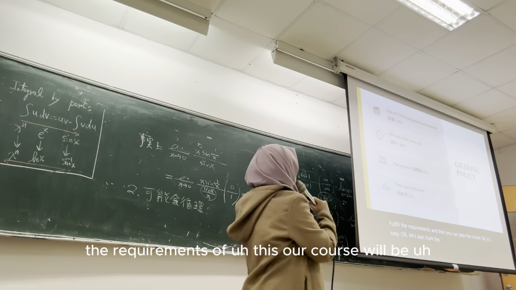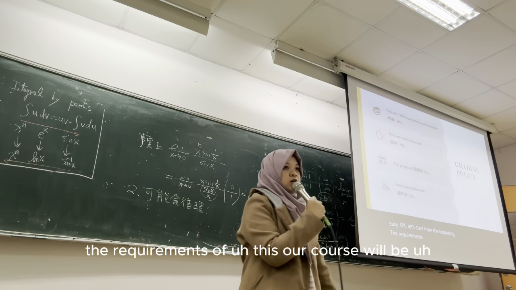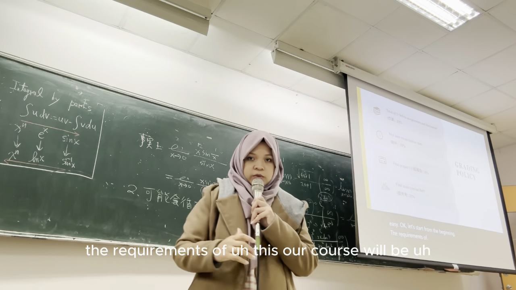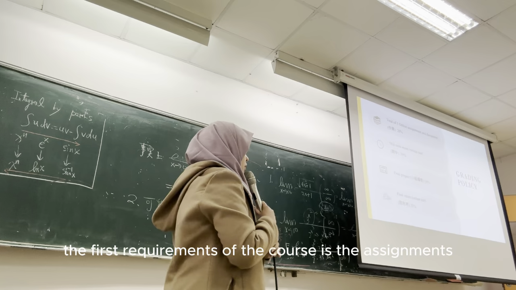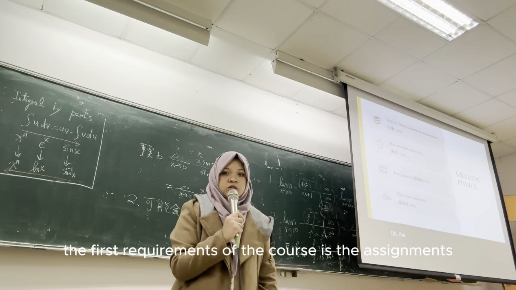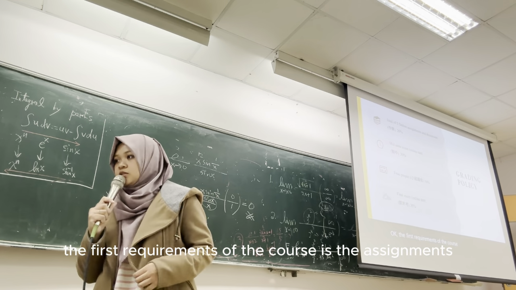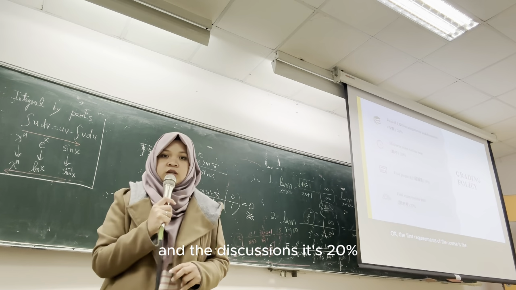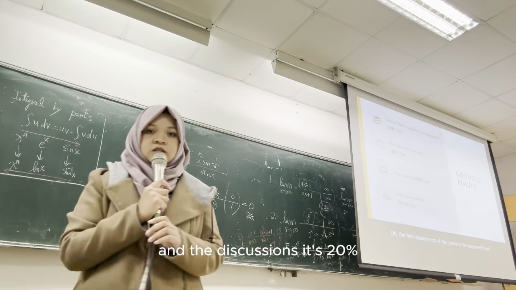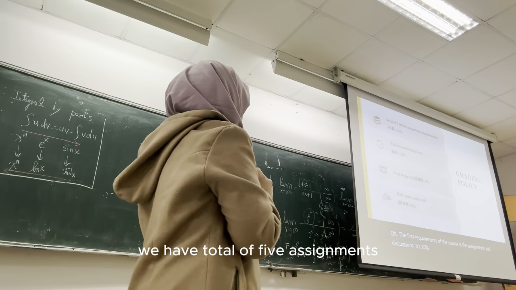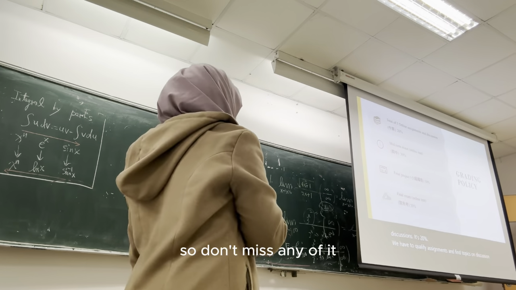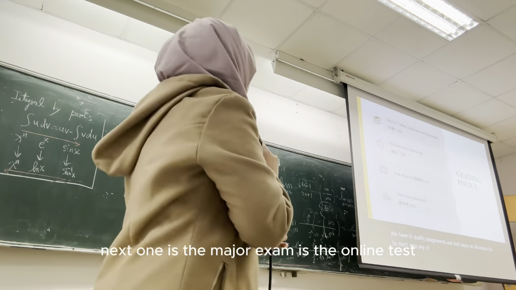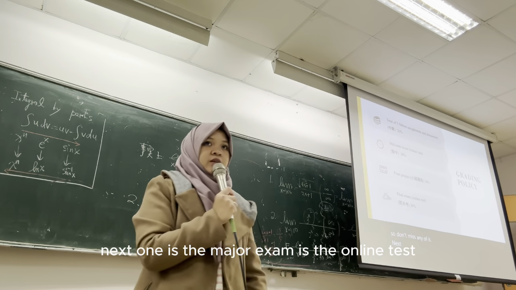Let's start from the beginning. The first requirement of the course is the assignments and the discussions. It's 20%. We have a total of 5 assignments and 5 topics on the discussion forum, so don't miss any of it. Next is the midterm exam.